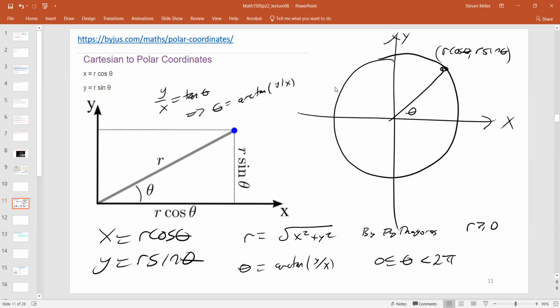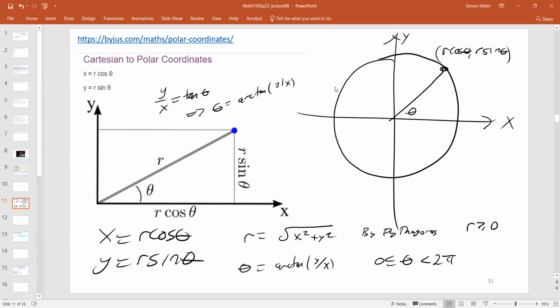You could use, of course, instead of arctangent, what could you use instead of arctangent? Tan inverse is the same as arctangent. But instead of using tangent, you could use arc cosine as well, yes.